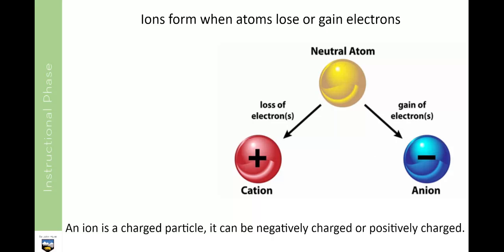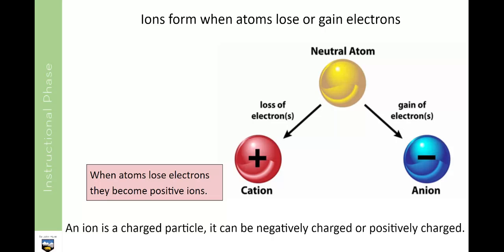When an atom loses electrons, remember, atoms lose electrons to gain a full outer shell. Electrons are negatively charged particles, so if an atom is losing electrons, the atom therefore becomes more positive. That is when it forms a positive ion.